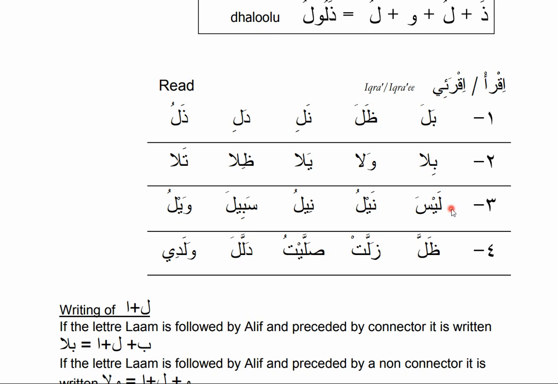So here we have laysa, and here you can see it is coming as a letter and not as a long vowel. So it's nailu. And now the difference here is you can see no sukoon above the ya. So this is a long vowel and you need to prolong the sound of noon as nilu.